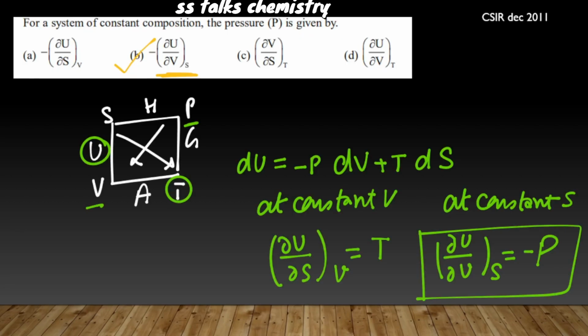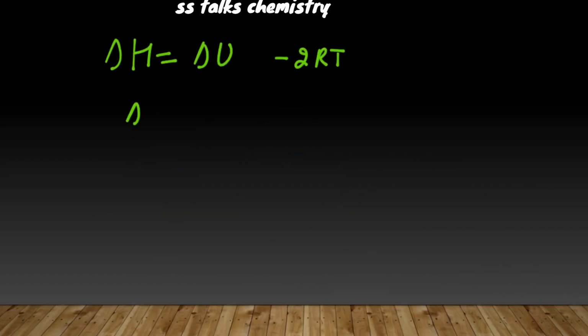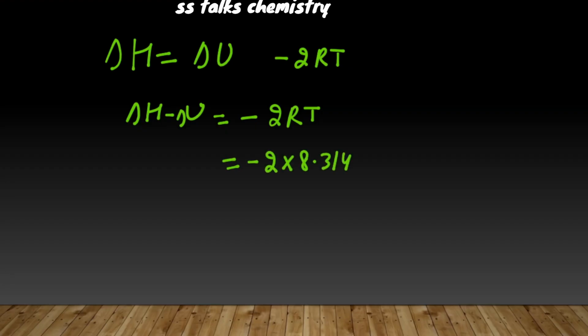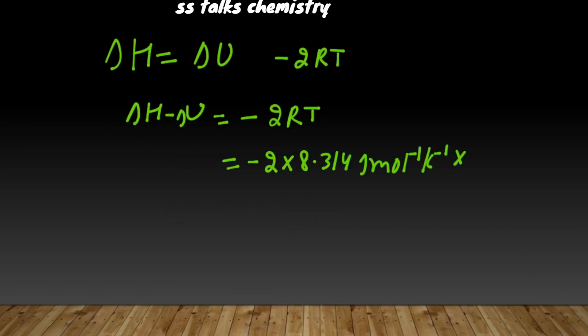Now the difference of delta H and delta U: delta H minus delta U is equal to minus 2RT. So we have minus 2 into the R value, which is 8.314 joules per mole per Kelvin, into the temperature, which is given to us as 300 Kelvin. Units Kelvin per Kelvin get cancelled. It is in joules per mole.